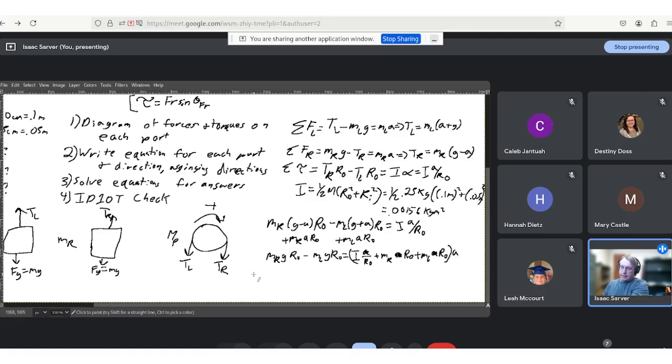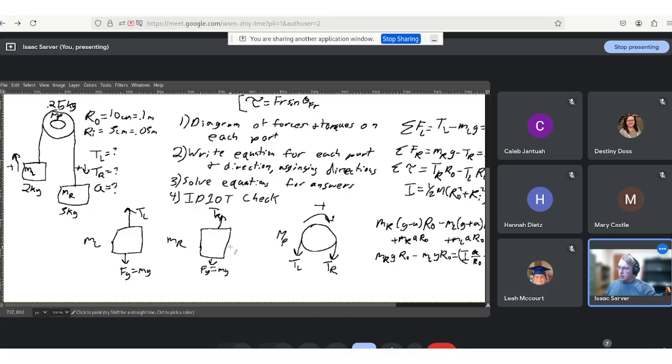Alright, calculator. On the left, what we got? M_R is 5 times 0.1, 5 times 0.1. Oh yeah, left, and minus 2 times 0.1 times G, whatever, 9.8.